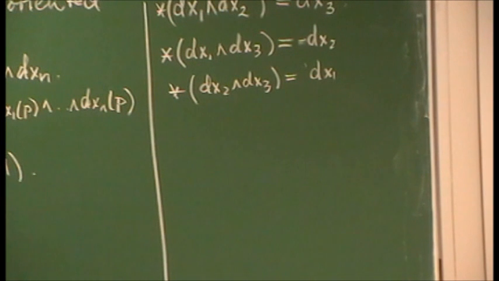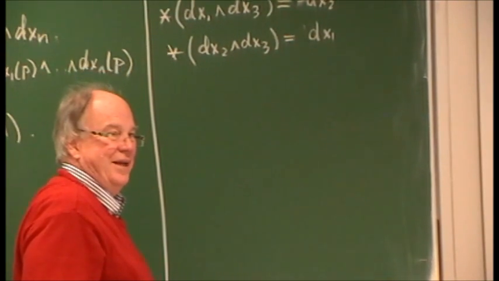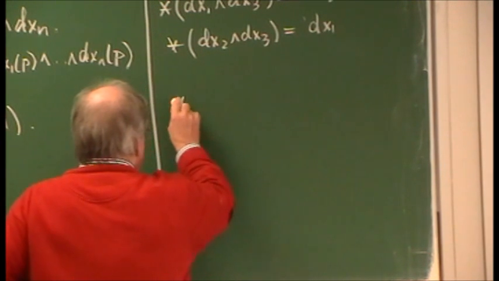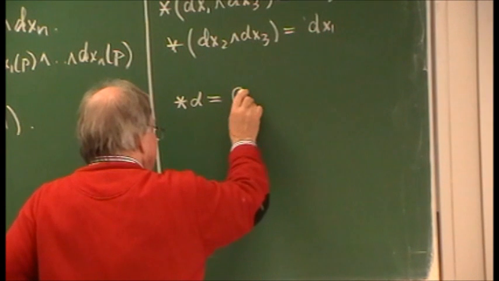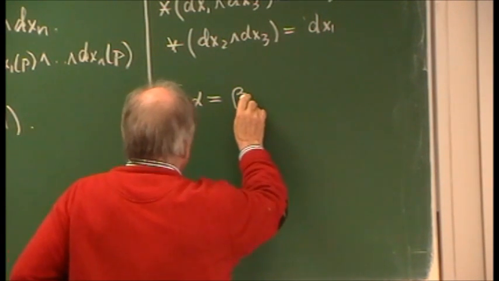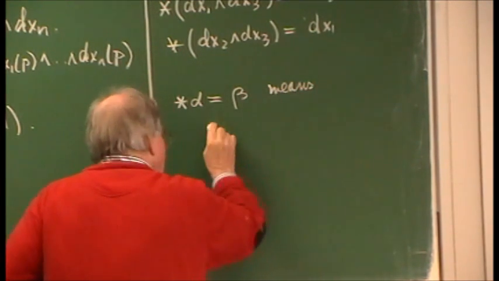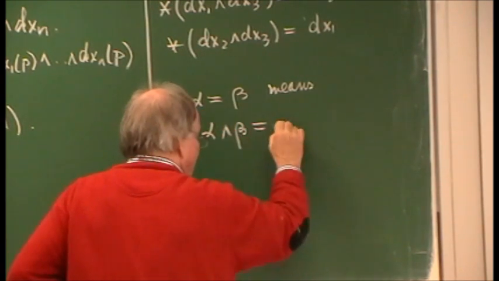Why do I put a minus sign in the second? Because dx3, dx1 is equal to minus dx1, dx3. Yeah, that's exactly the point. We use the orientation again, right? So star of alpha equals beta means alpha wedge beta equals omega.